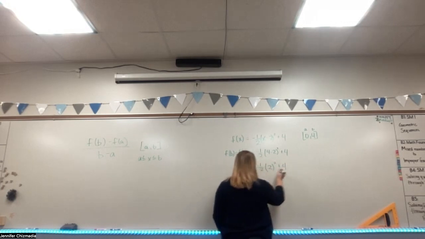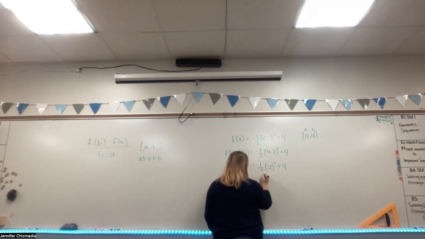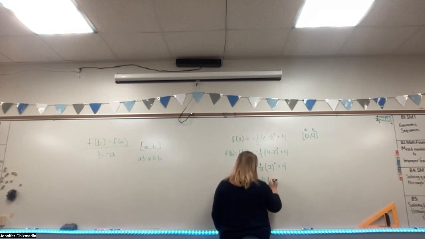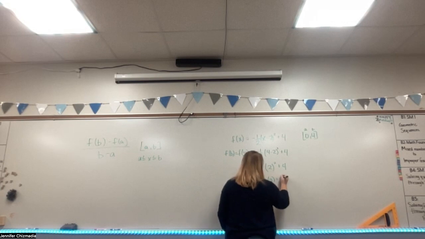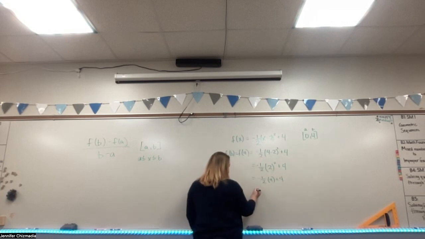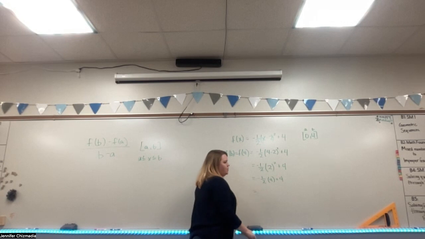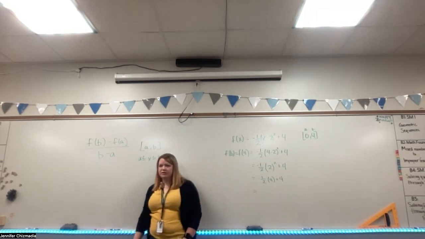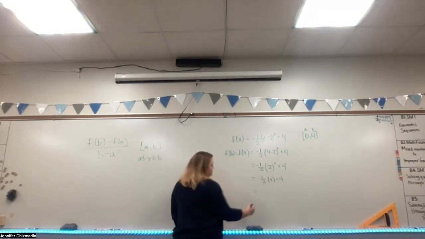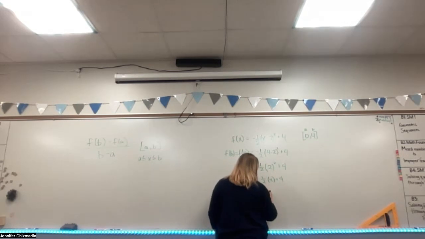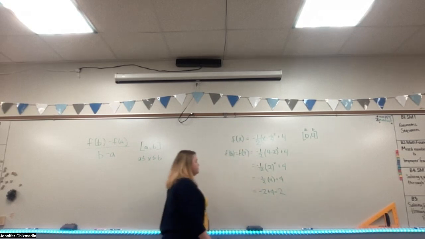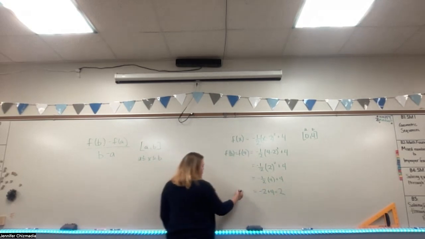Then square the 2, which is 4. Negative 1/2 times 4. Look at us, we have to multiply fractions. Negative 2. Negative 2 plus 4 gives you 2. So this is F of B.